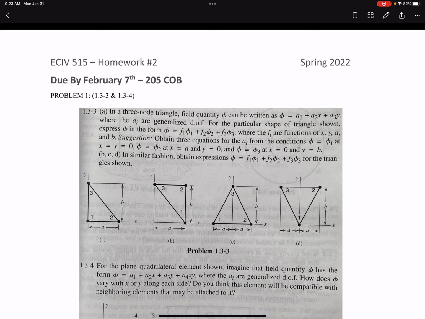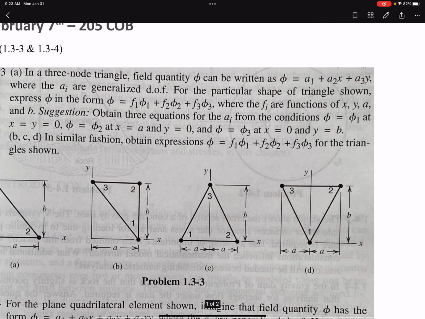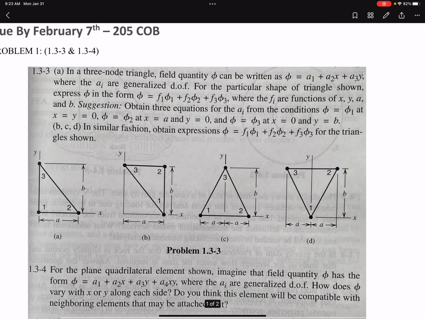First problem, we've got 4 3-nodal elements, and they want us to come up with essentially this F1, F2, F3. So we want to know what the shape functions are based on knowing these spatial coordinates for each of our known nodal values.